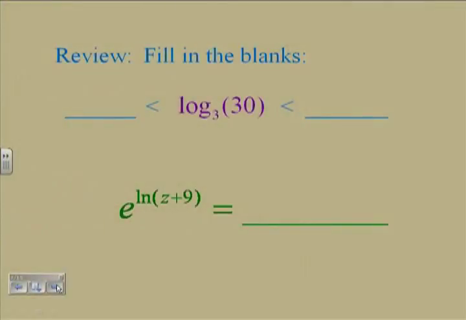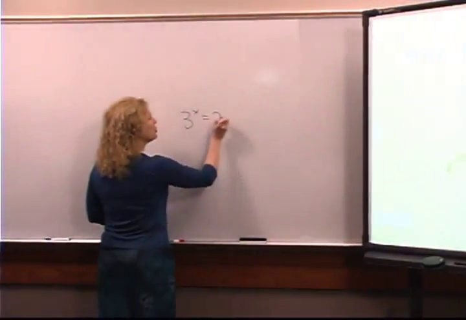First off, just a quick review. I didn't really ask this question in the last one, but let's see if this makes any sense. Between what two consecutive integers will log base 3 of 30 fall? I'd like for you to think about that for a second. Log base 3 of 30. 3 raised to what power will give you an answer of 30?